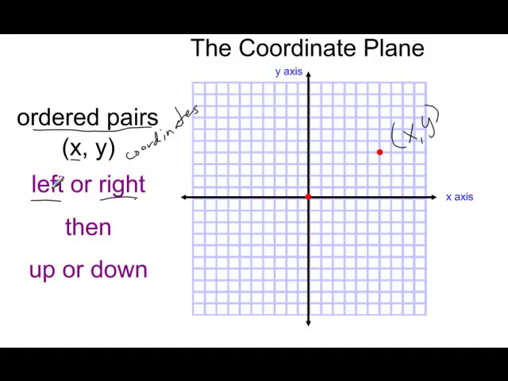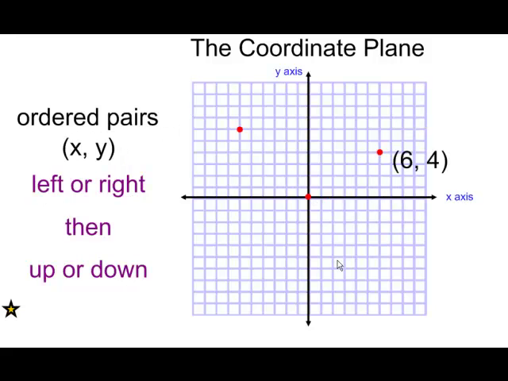We already know left would be negative, right would be positive. Then, we're going to go up or down. We already know up is positive and down is negative. So I'm simply going to count over from the origin. 1, 2, 3, 4, 5, 6. So I know this is positive 6, and I'm going to go up 1, 2, 3, and 4 to get to there. So my ordered pair should be 6, 4.